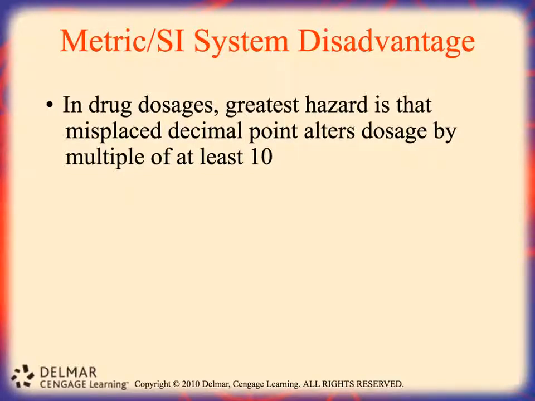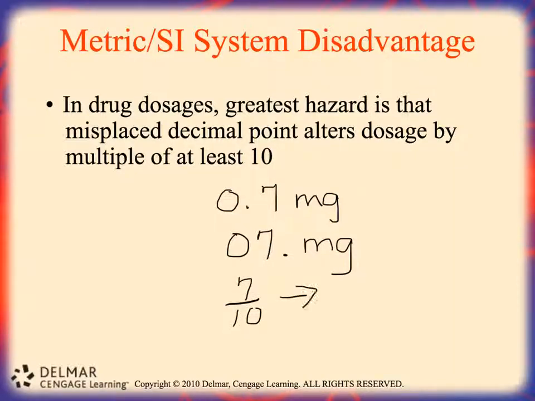As you can see here, if you have an order for 0.7 milligrams, and that decimal point gets moved one place over, you have gone from 7/10 of a milligram to 7 milligrams, which is a significantly greater amount, and that can cause significant problems in medicating patients. You go the other way, you give them less than what is ordered.